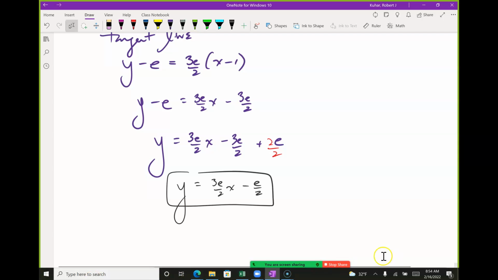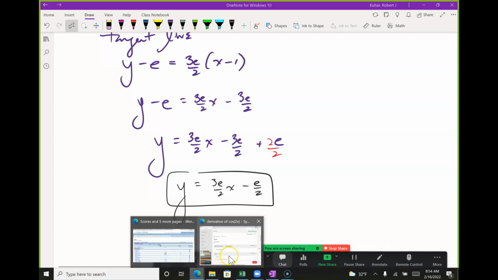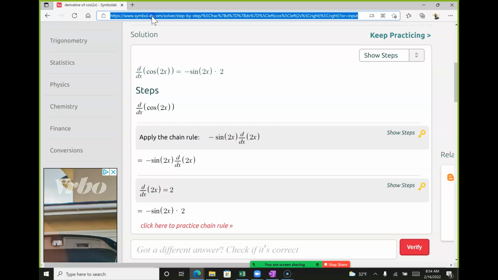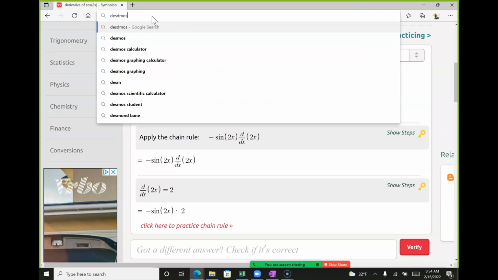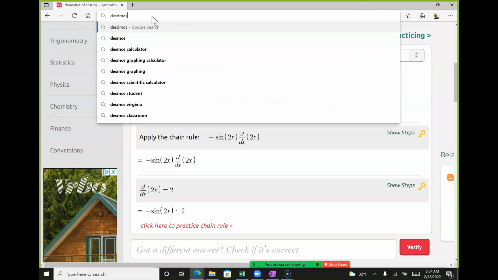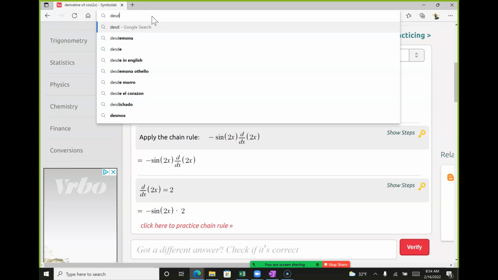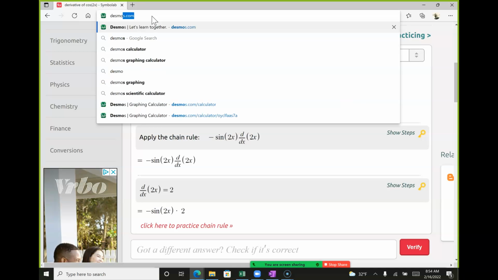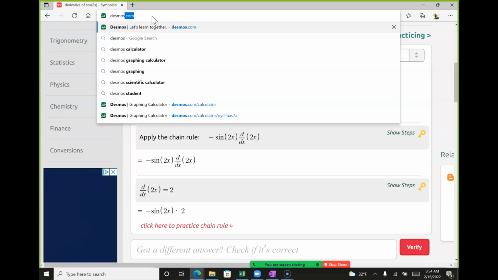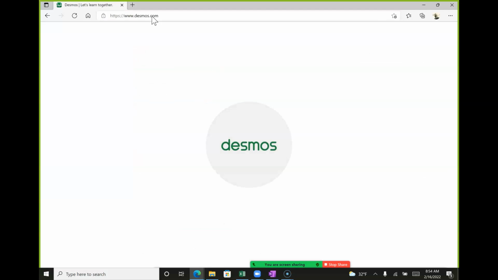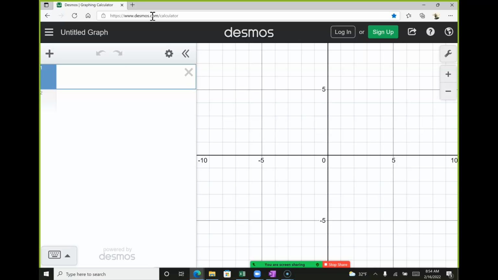So to Desmos.com. Let's see, y equals e to the x square root of x.